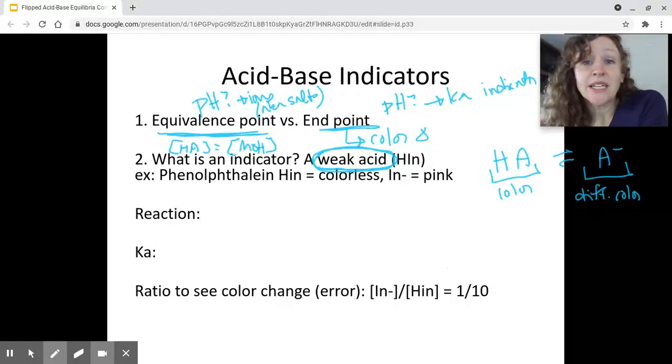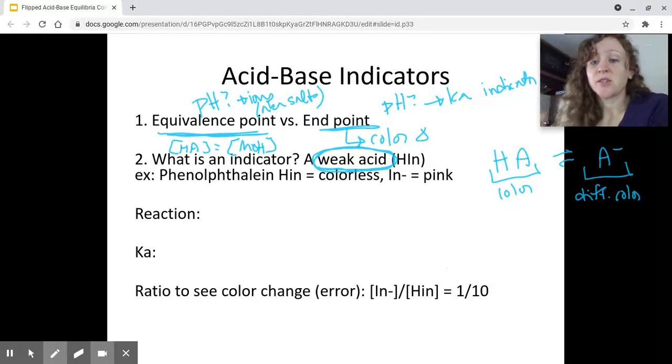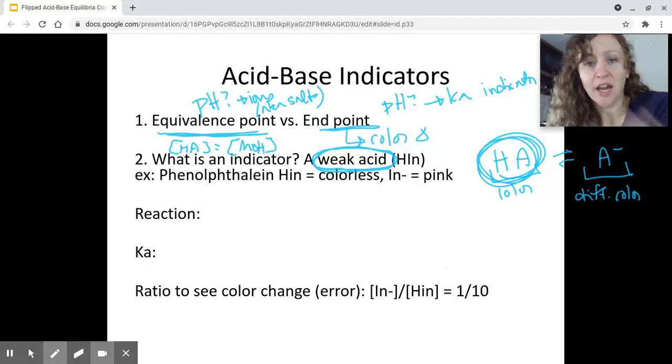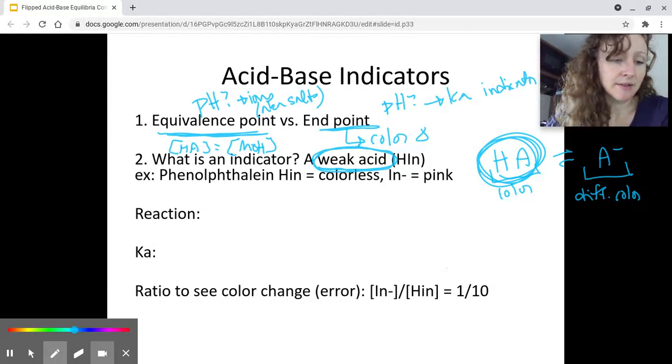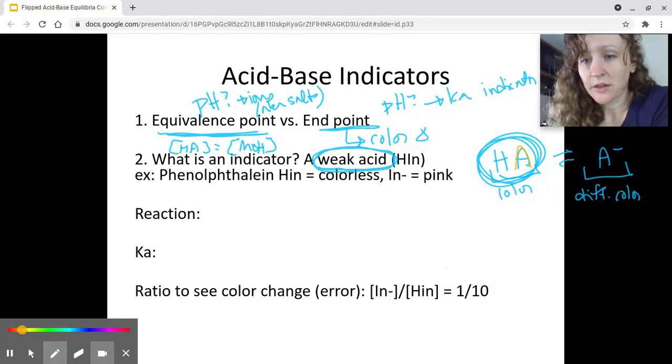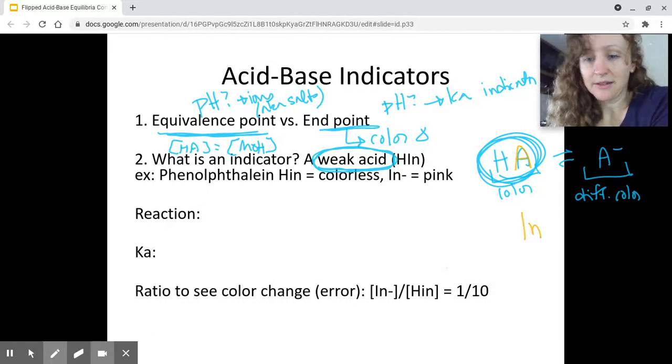So we are going to write the indicator as if it's a weak acid. Remember, our general format of a weak acid is HA, a hydrogen with an anion. Now, to indicate that it's not the weak acid that we're studying, that it's a different weak acid, so weak that it doesn't interrupt our reaction, we're actually going to replace the A with an In.